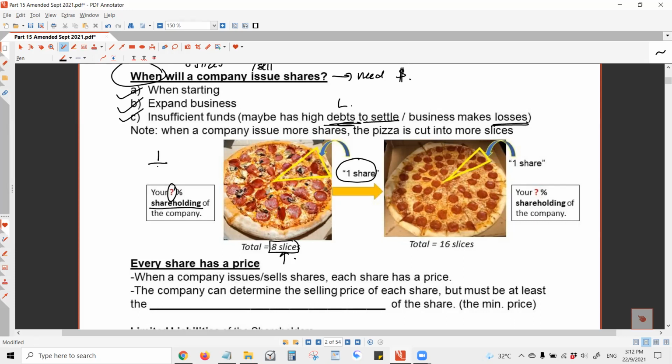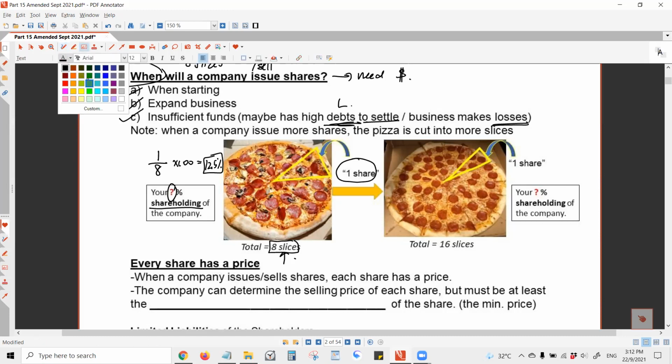You take 1/8 times 100, then you will know your ownership level in the company. I think it's 25%, if not wrong. 12.5%. That's how you calculate your ownership level of a company. But don't worry, in the exam you don't have to calculate such a thing. So based on this, you own 12.5% of the company.